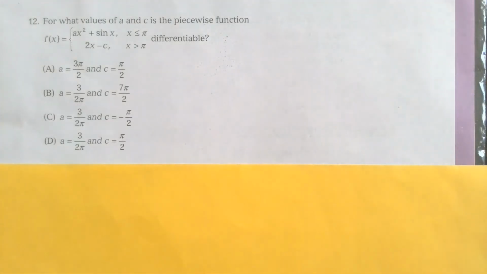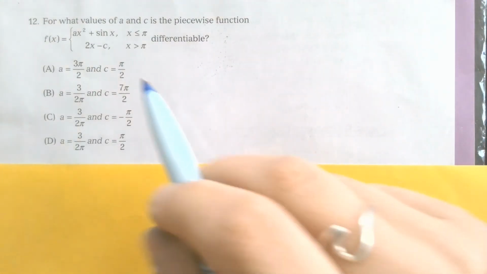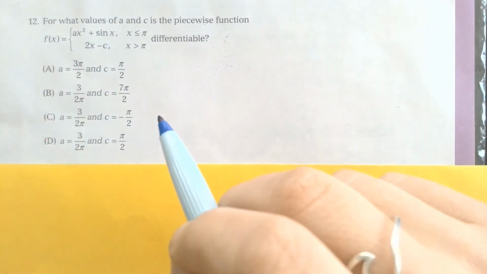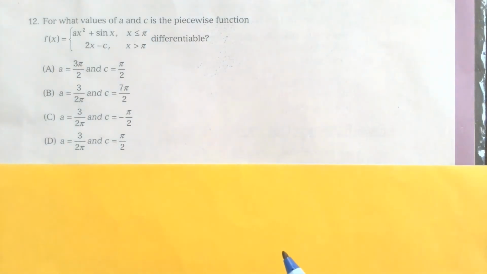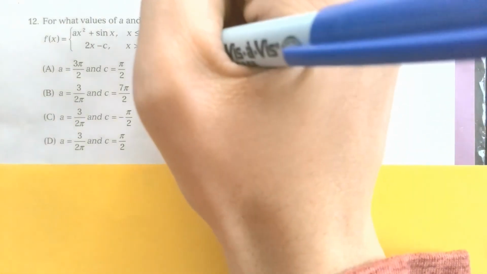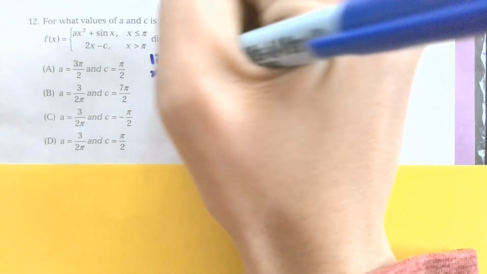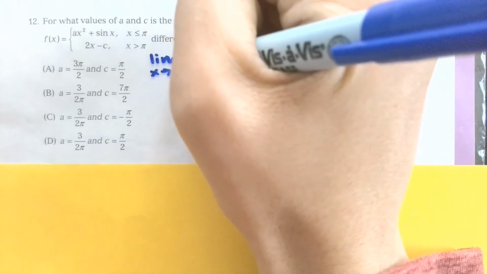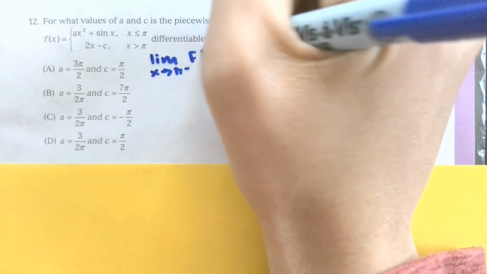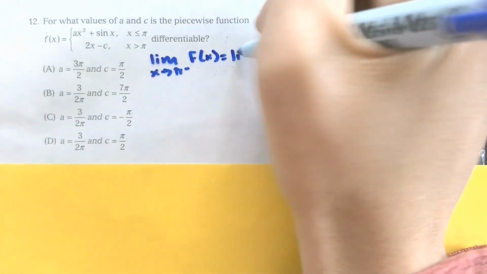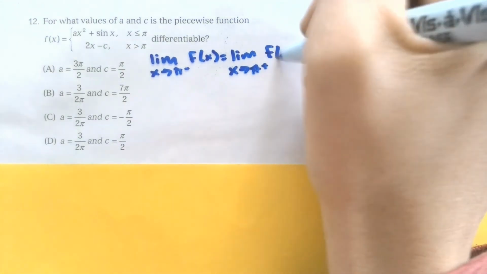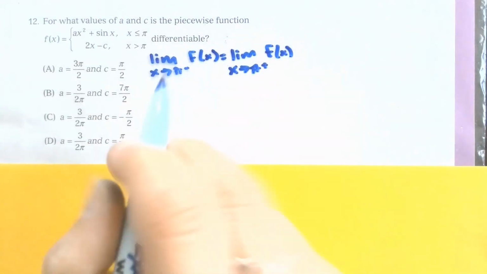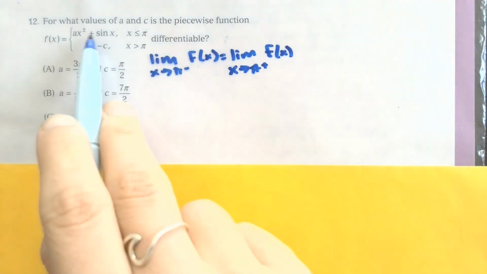We can also have the same type of question that we had for continuity for differentiability, where they have some variables in here and they're wanting to know what values of a and c would make this piecewise function differentiable. So I will start out looking at continuity. I do want to make sure that the limit as x approaches pi from the left of f of x is equal to the limit as x approaches pi from the right of f of x. So that's just going to entail me plugging in pi into both pieces.